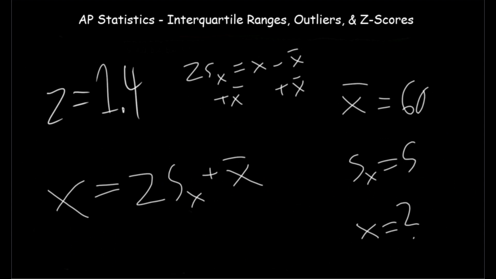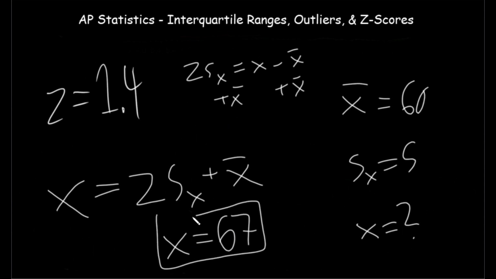So you can plug this in: 1.4 times 5 plus 60. And you would end up with a value of 67. Now this means that if you had 67 in this distribution that we just solved for, you would end up in the 91st percentile or so. A little over. Technically a little over. But yeah, that's basically how z-scores work.